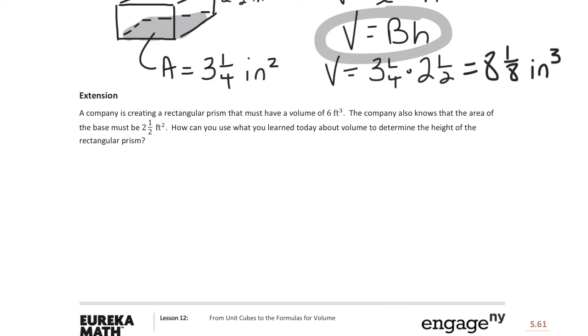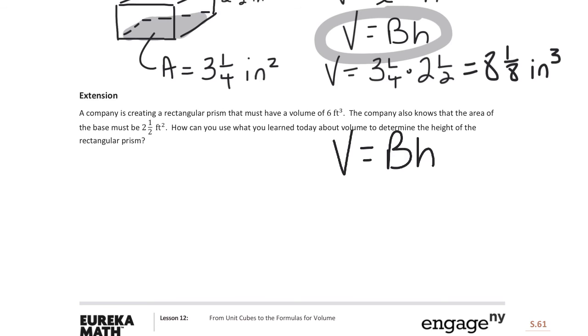How can you use what you've learned today about volume to determine the height of the rectangular prism? So if I think about the two equations I have for volume, one is length times width times height, and the other one is base times height, I'm going to want to use volume equals base times height, because I know the base, I don't know the length and the width.